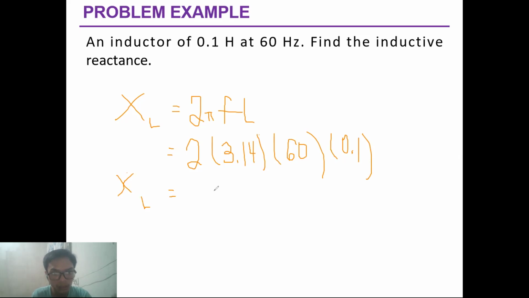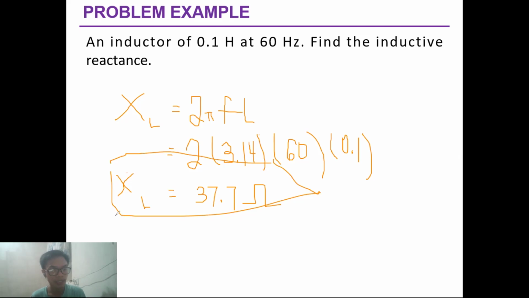Based on the calculation we will get 37.7 ohms. So therefore the inductive reactance is equal to 37.7 ohms.